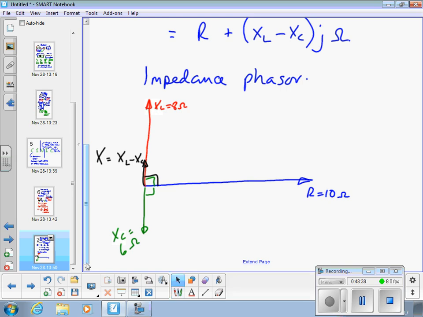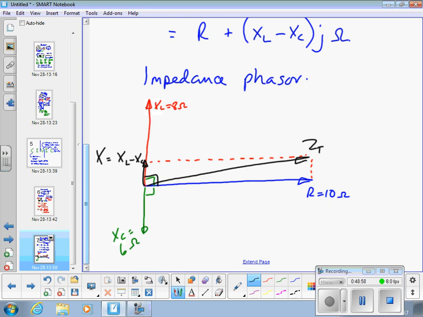So we combine our two reactances into an overall reactance, then we can complete to end up with ZT is equal to R plus X ohms.